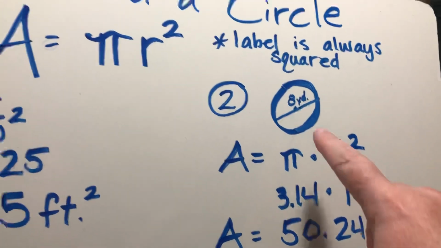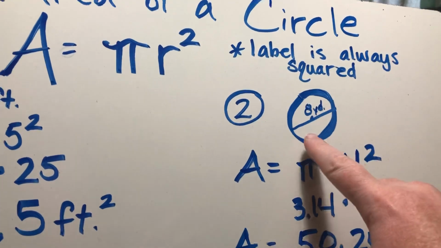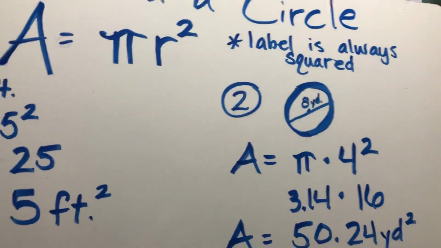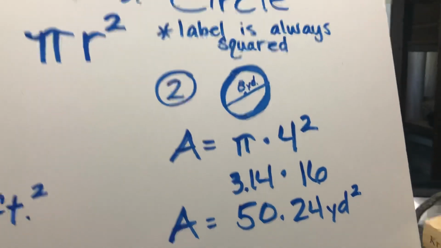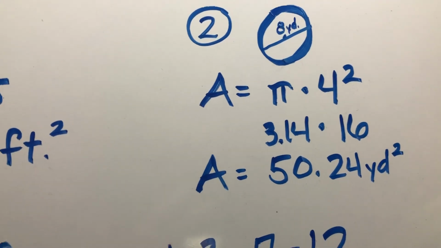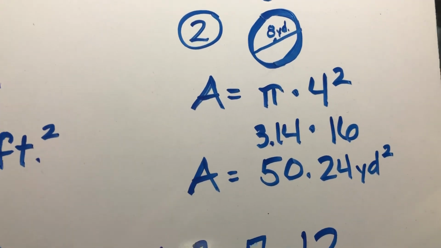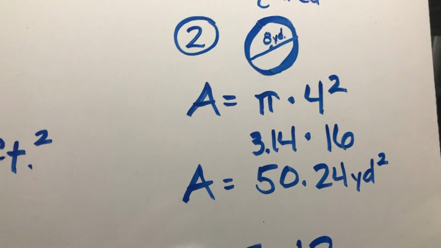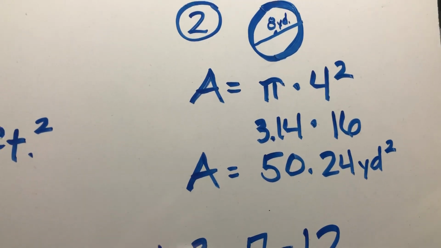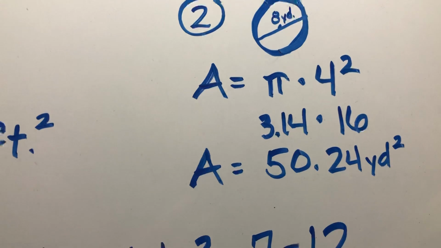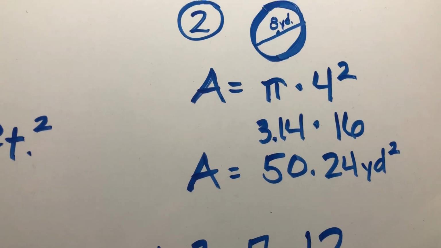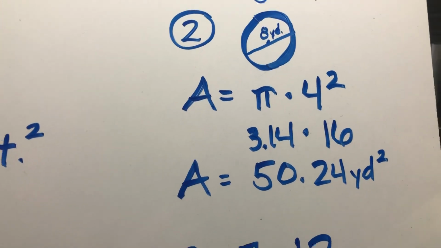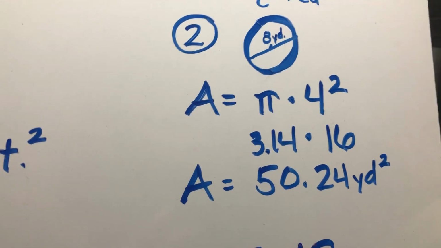So if the diameter is 8, then the radius is just simply 4, half of 8. And so we do pi times 4 squared. That's not 8, that's 16, 4 times 4. And we do 3.14 times 16, and we rounded this one to the hundredths, and we get 50.24. These are yards, and we give it the square.